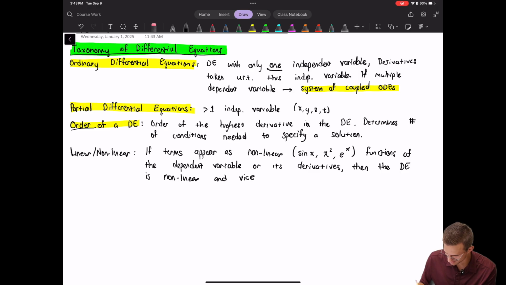If no nonlinear terms show up, then of course the equation is considered linear.